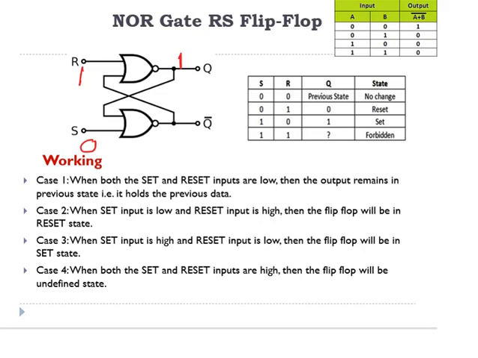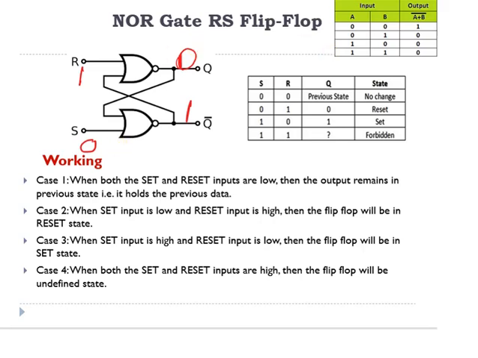It will be 0, right? When S is 0 and R is equal to 1, this has to be 0. And this 0 and 0 go to the input of the second NOR gate and the output will be 1. So this corresponds to the reset condition, right? Because the set input is low, it corresponds to the reset condition.